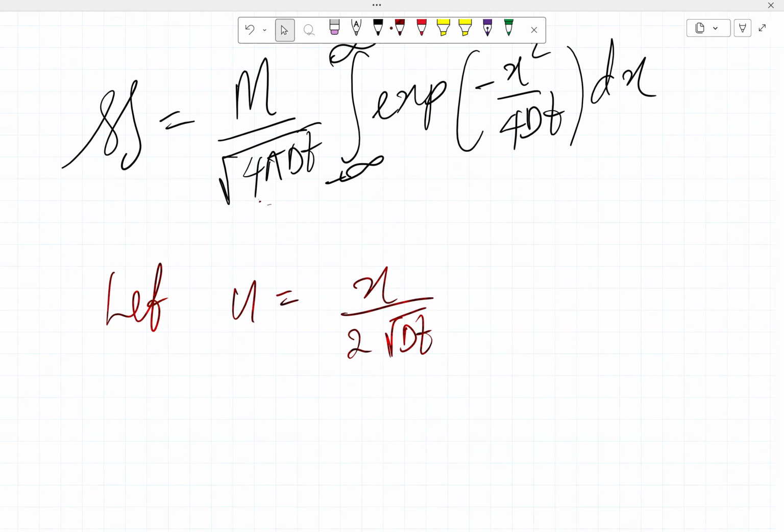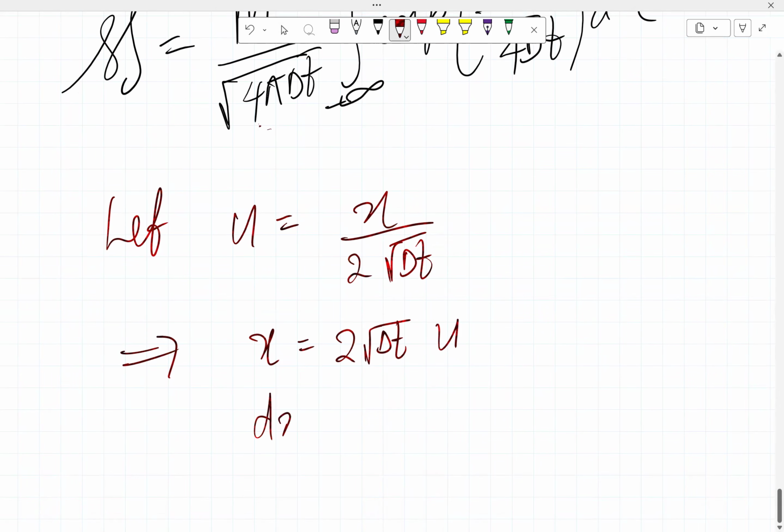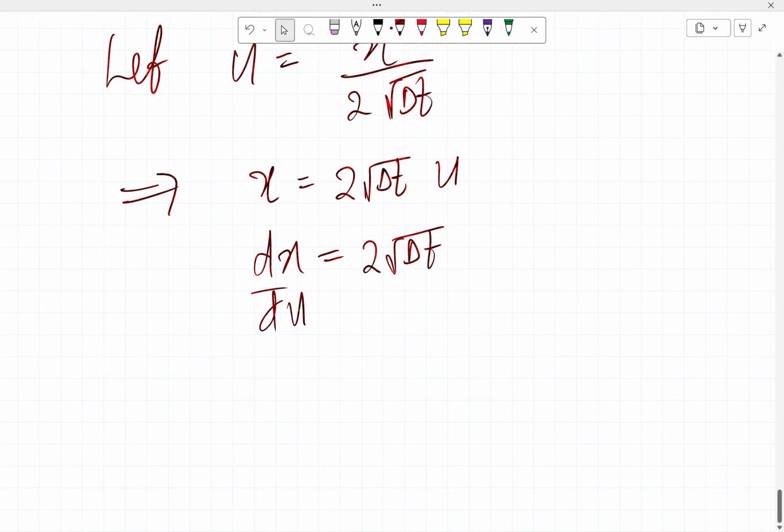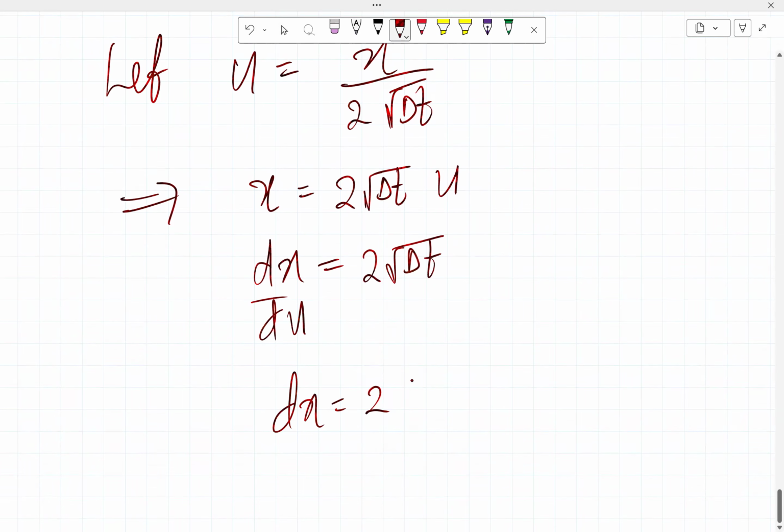So that implies that x itself will have to be 2 square root of dt under the roots and then u outside. So that dx du will have to be 2 square root of dt, so that dx can then be 2 square root of dt multiplied by du outside the square root.